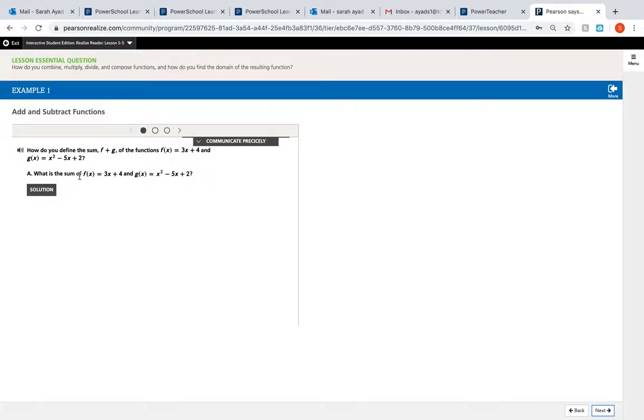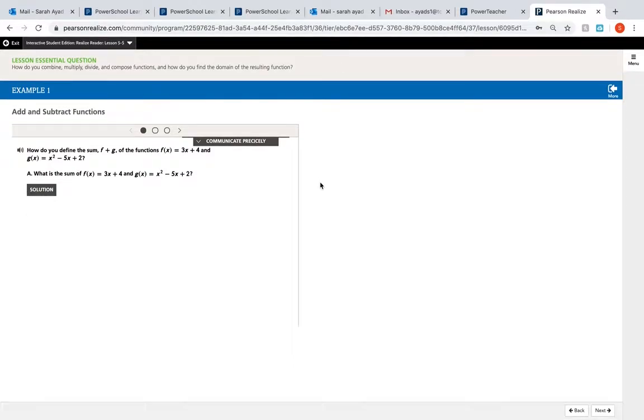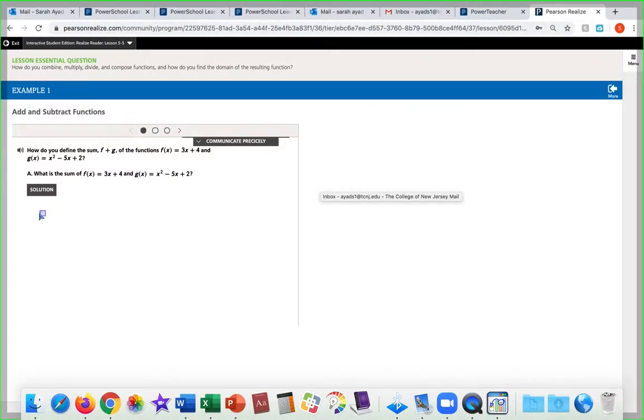So what is the sum of these two functions? They define f as 3x plus 4 and g as x squared minus 5x plus 2. All we have to do is find f plus g. In other words, f of x plus g of x.